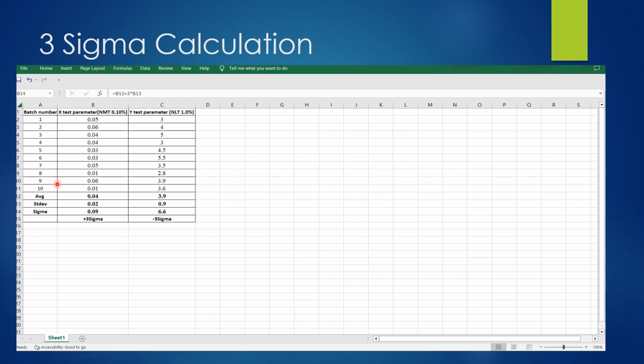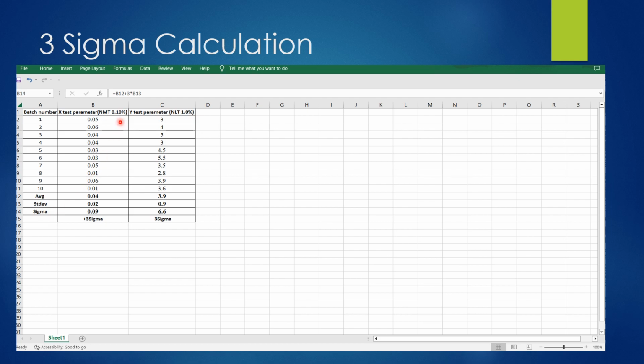My batches number 10, and the X test parameter limit is not more than 0.10 and the Y test parameter is not less than 1.0%. So for all of these 10 batches, I'm going to take the average, standard deviation and sigma calculation.